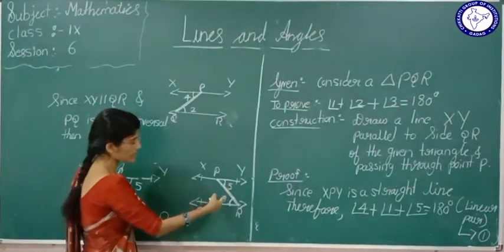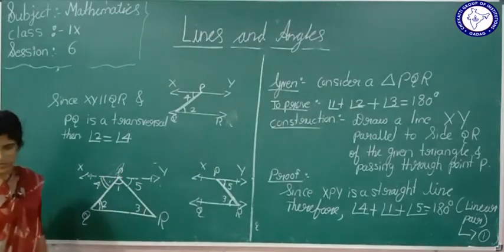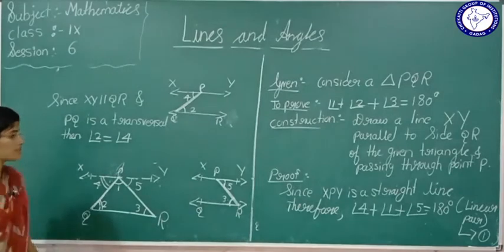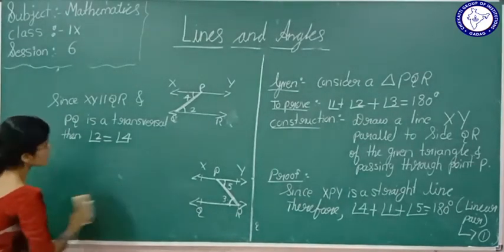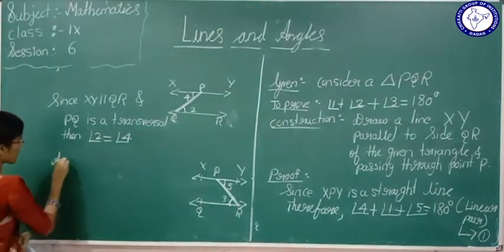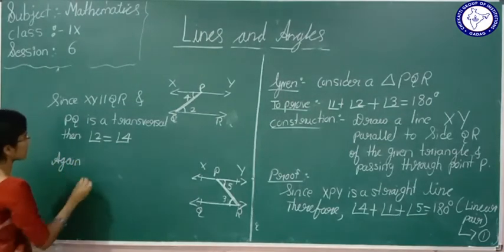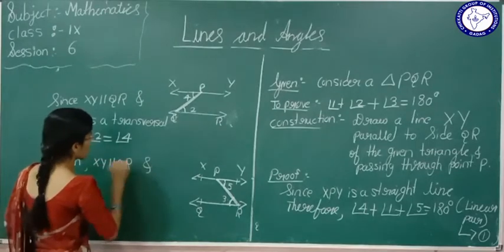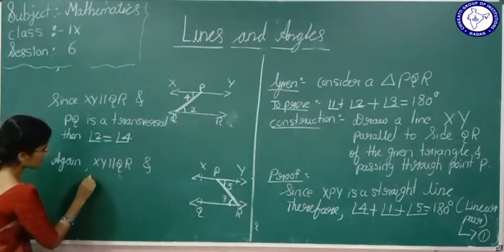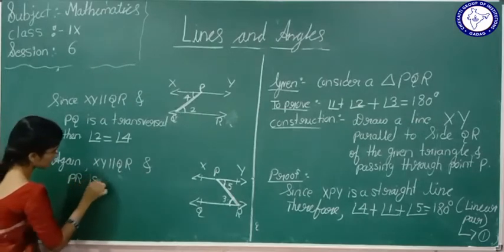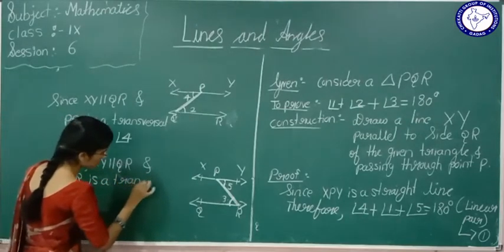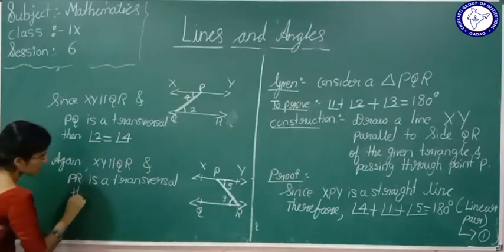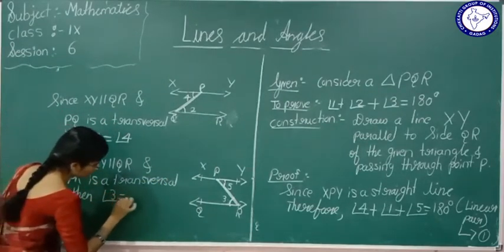Alternate interior angles are equal. So again we will write here, XY parallel to QR and PR is a transversal. Then angle 3 is equal to angle 5.